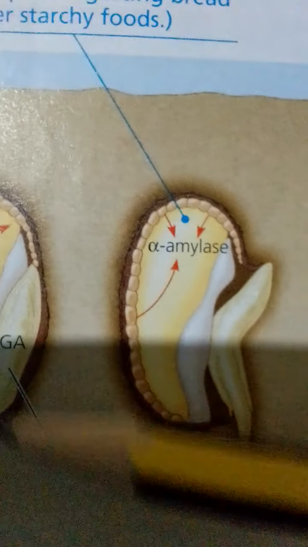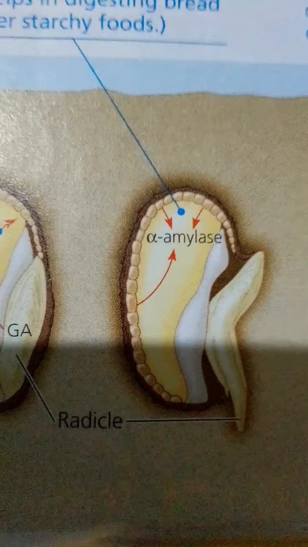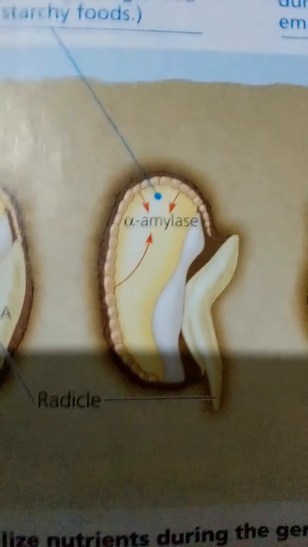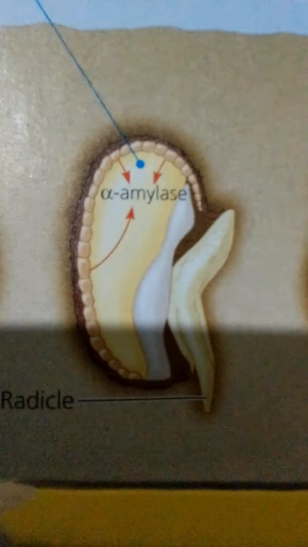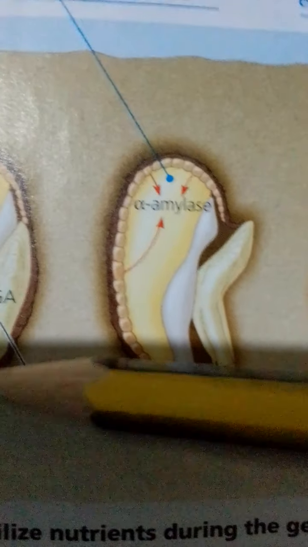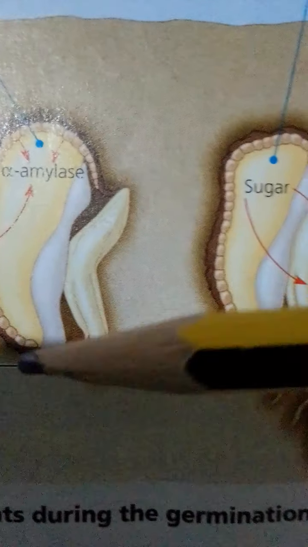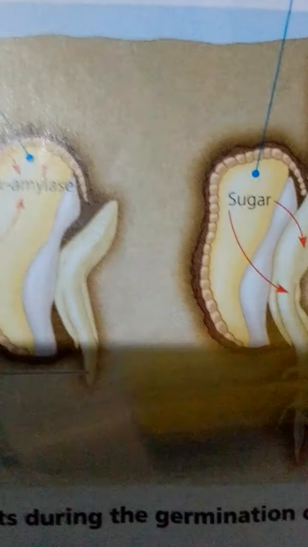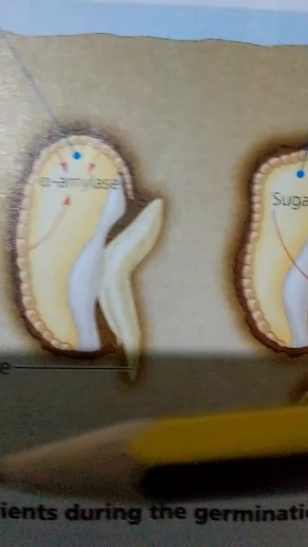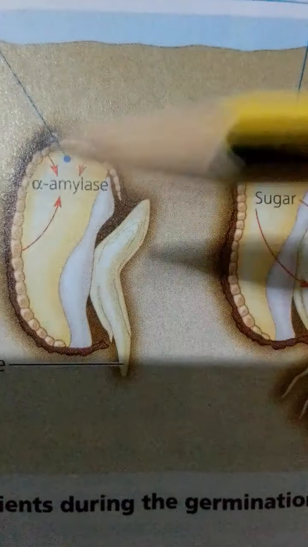After a seed imbibes water, the embryo releases gibberellin, GA, which sends a signal to the aleurone, the thin outer layer of the endosperm. The aleurone responds to GA by synthesizing and secreting digestive enzymes that hydrolyze nutrients stored in the endosperm.